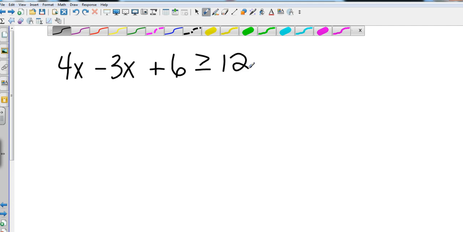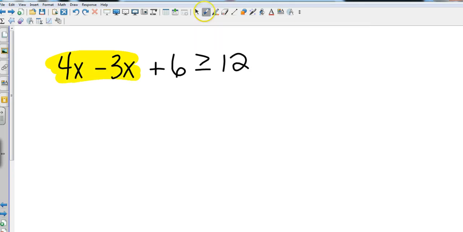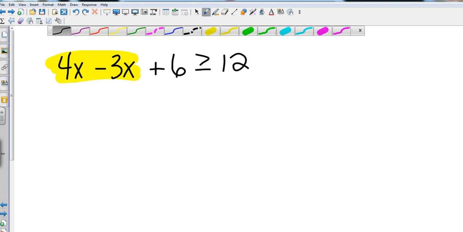And so what we learned in the last chapter is anything that's on the same side, we can go ahead and combine those like terms. And so I'm going to take my 4x and my 3x, because they are like terms, and put those together. And that gives me just x plus 6. And then we're back to just our standard equation. Now, some of you might ask, are they going to do anything any further? They won't do anything more than 1x in this section because that'll be division. That'll be division for the next section.